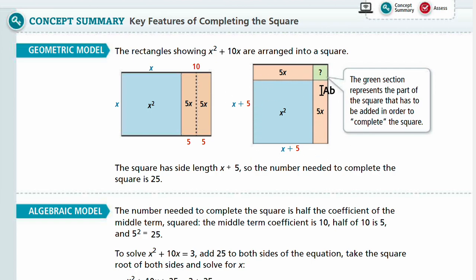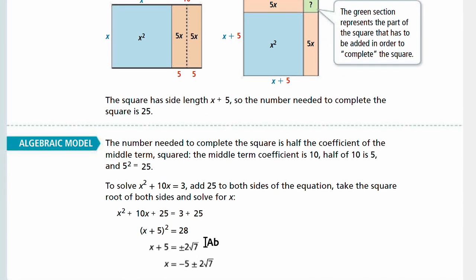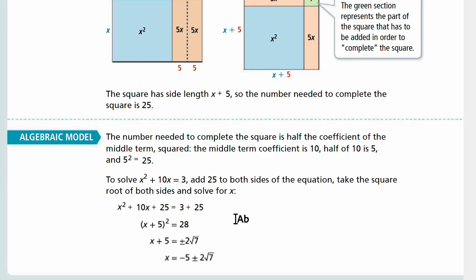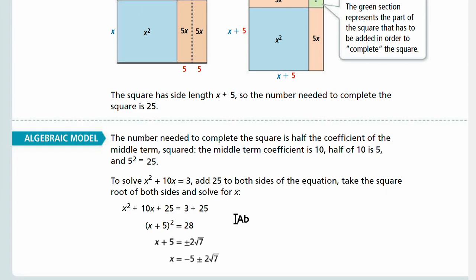Otherwise, we're missing something. So that could be represented as -b over 2 squared, and that's where we got the -b over 2 squared to complete the square, okay? So algebraically, you would use the steps to complete the square to figure out the solutions for x. And sometimes you have imaginary numbers as well, but not always. So make sure you complete the square, factor them out, and solve for your x.